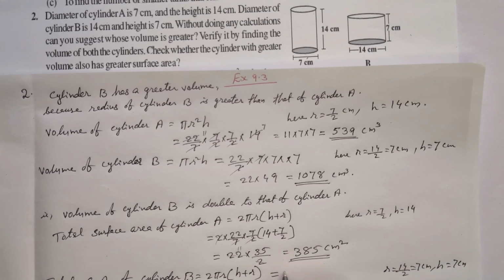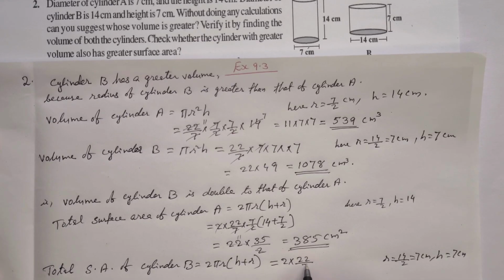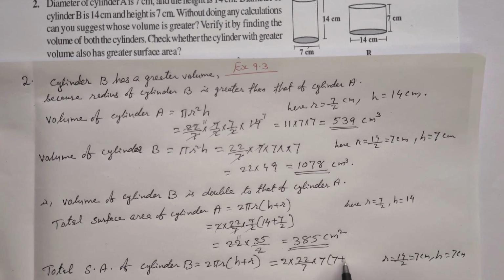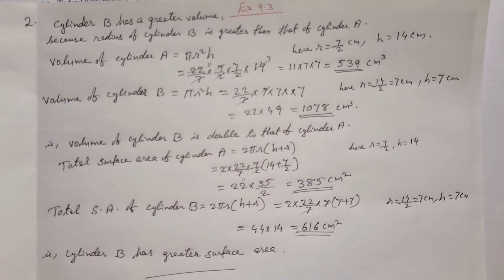So we can write this as 2 into 22 by 7 into radius 7, in bracket height is 7 and radius also 7. 7 and 7 we can cancel. Here for the surface area of cylinder B, we are getting 2 into 22, 44 into 7 plus 7, 14, multiplying, 616 centimeter square.